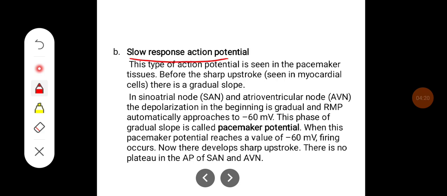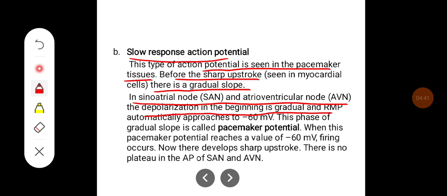Another action potential is the slow response action potential. This type of action potential is seen in the pacemaker tissues. Before the sharp upstroke, which is seen in myocardial cells, there is a gradual slope here. In the sinoatrial node and AV node, the depolarization in the beginning is gradual and the RMP automatically approaches minus 60 millivolts.